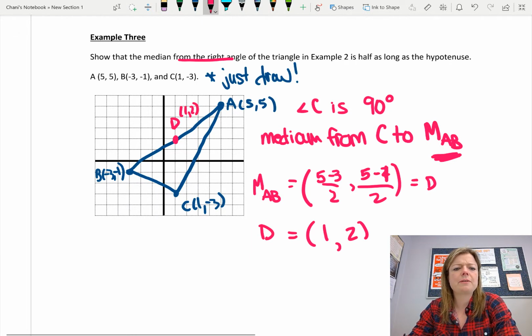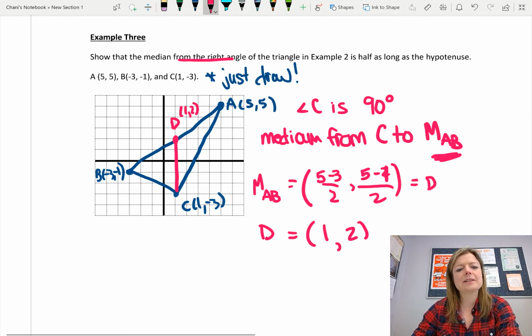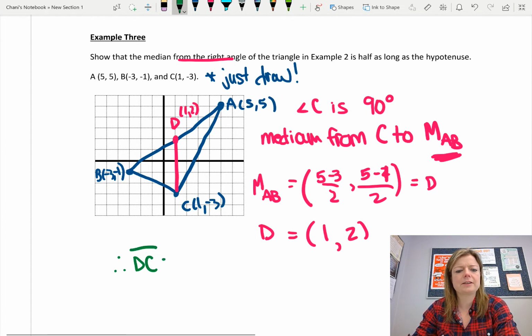So it says show that the median. So I want to actually draw the median here. Show that it's half as long as the hypotenuse. So if it's half as long as the hypotenuse, then therefore the length of DC should be equal to 1/2 of AB.